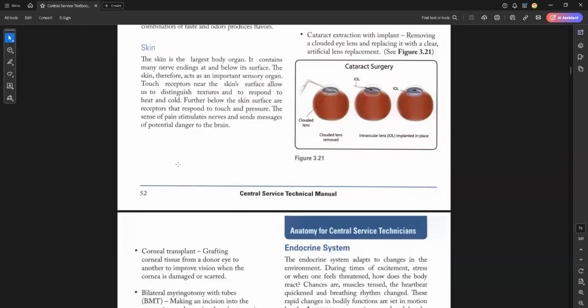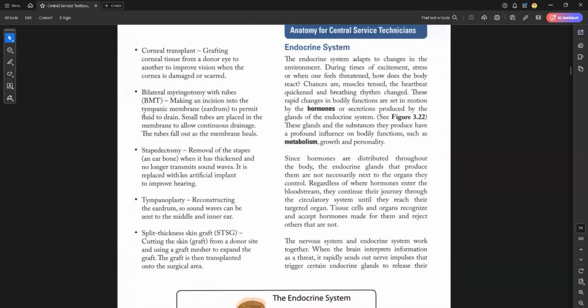Let's go on with the eye. Okay, let's come to endocrine. Pause the place. Some of the cases also include corneal transplant, bilateral myringotomy with tubes, making an incision into the tympanic membrane to permit fluid to drain.